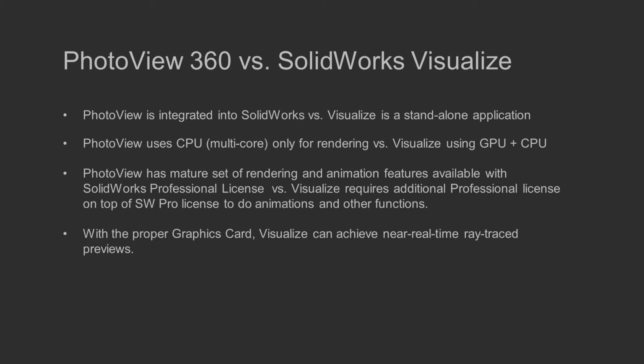On this machine, an AMD Ryzen with 16 virtual cores, it does a pretty good job for PhotoView. But it only renders using the CPU cores. With Visualize, it takes advantage of both the CPU cores and the GPU cores.